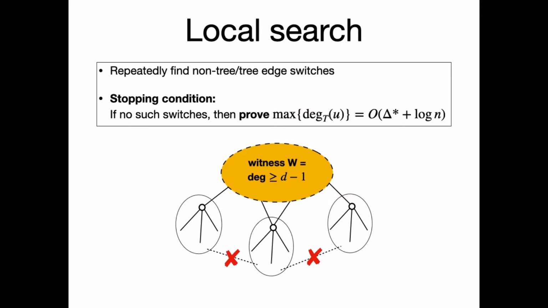The main algorithm repeatedly finds tree and non-tree edge switches, and it terminates when it cannot do so anymore. In the end, we can prove that the maximum vertex degree in this tree is bounded by delta star plus log n, by applying the lemma with the witness set equal to the set of all vertices whose degree is at least d minus 1.